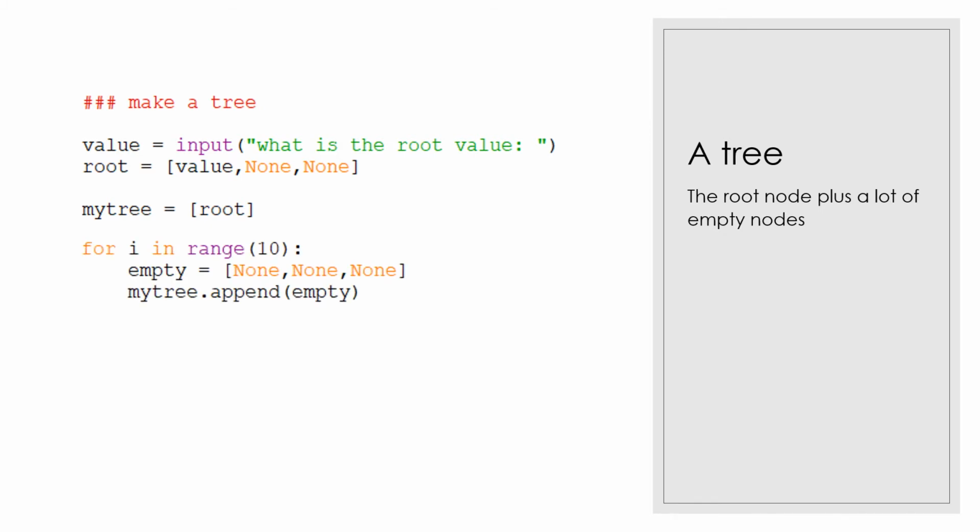I'm adding 10 more empty nodes. I've called it the new node empty, and it's just none, none, none. And I'm appending that empty node to the list 10 times. So now I'll have a list of items that are completely empty.